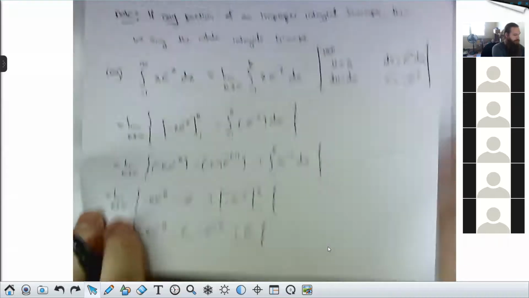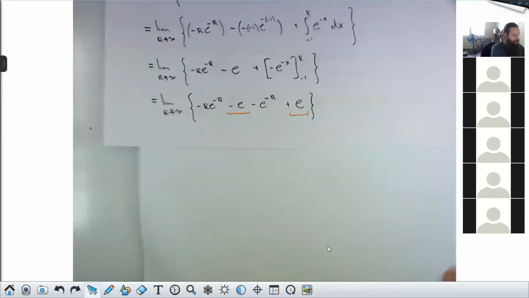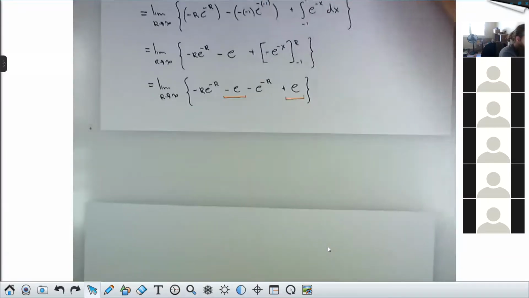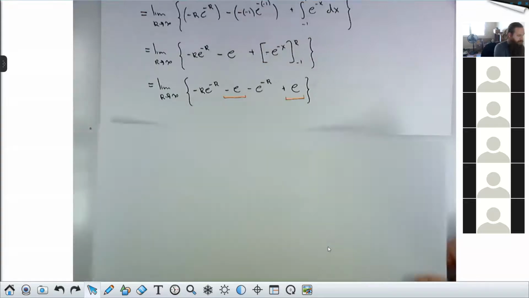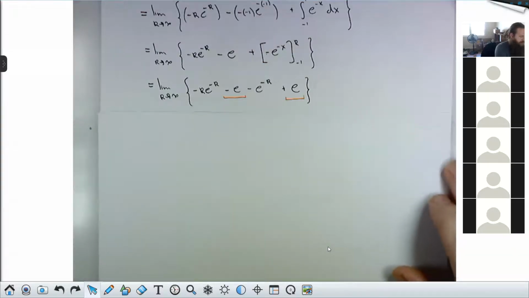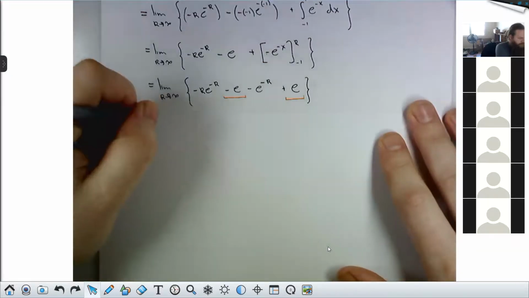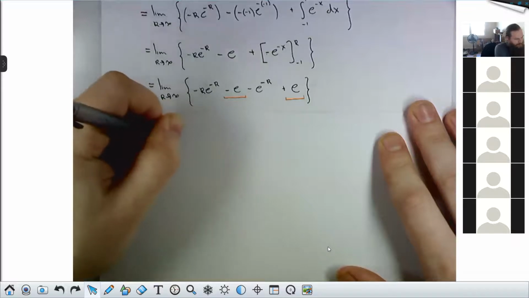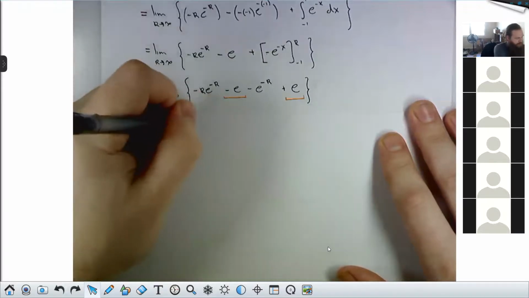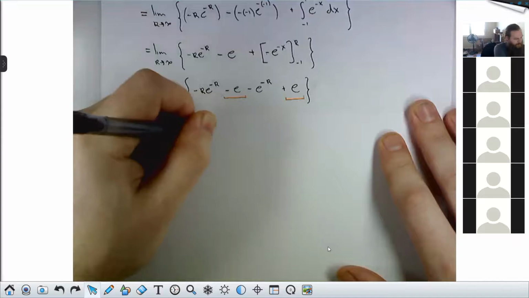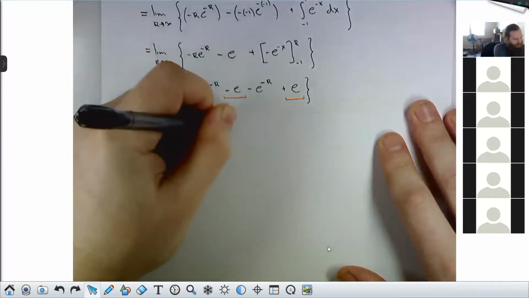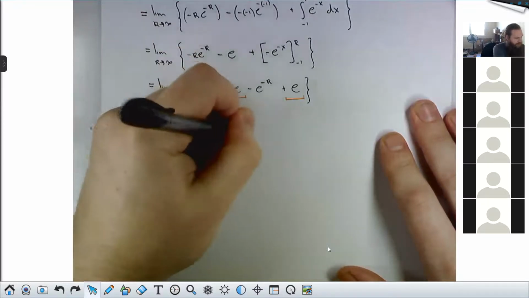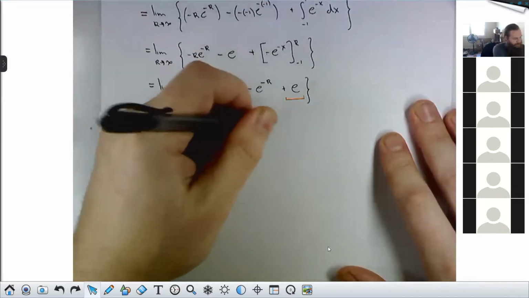And the limit we have to take is the following. So we get the limit as r goes to infinity of -r e to the -r minus e to the -r.